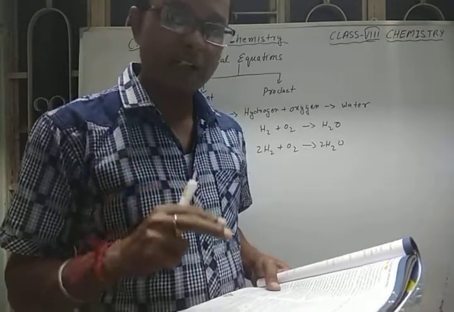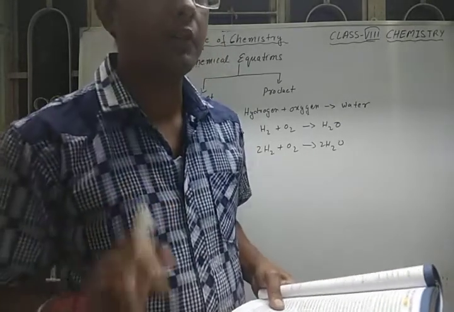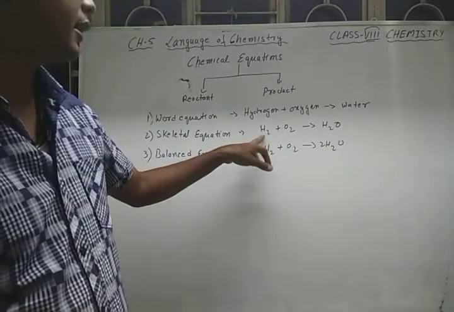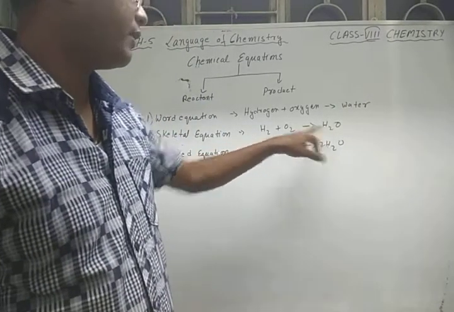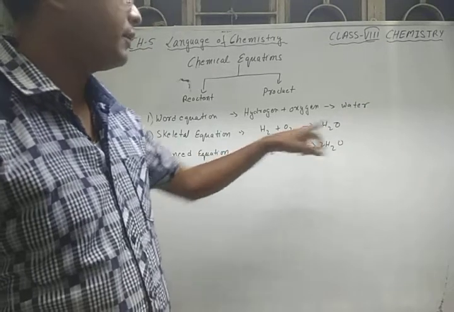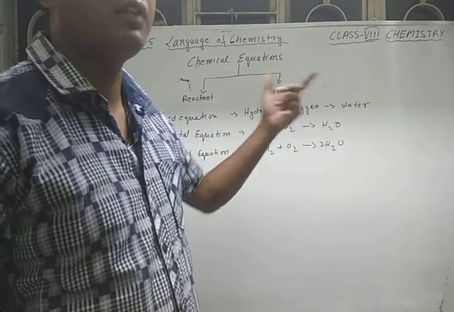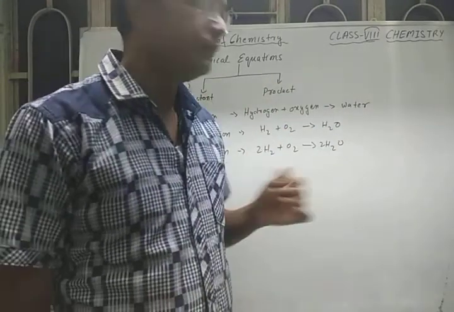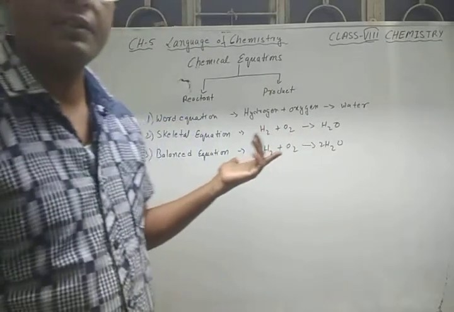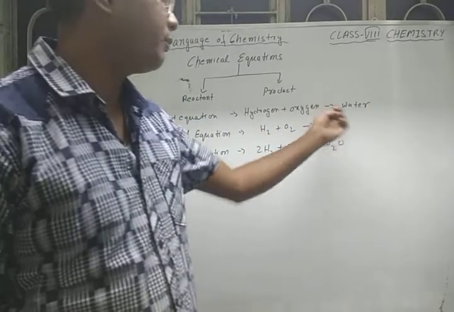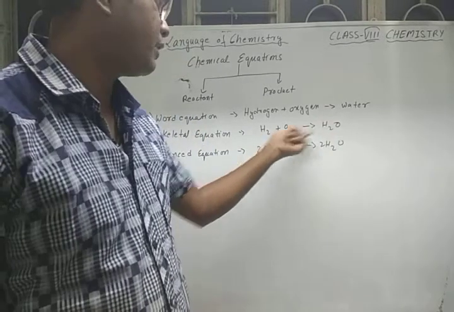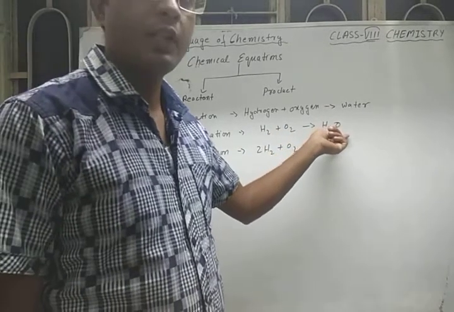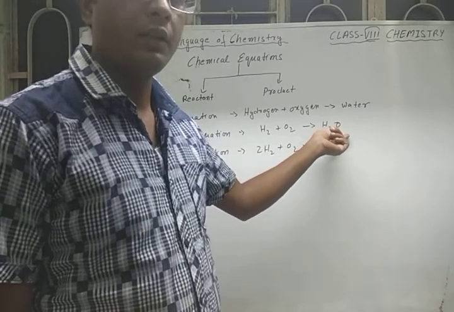So this is by applying atomic theory. Before reaction and after reaction, the number of atoms cannot change. You can see here, hydrogen is 2 atoms, here also hydrogen is 2 atoms. Oxygen is having 2 atoms, but here oxygen is only 1 atom. Where did one more atom go? Atoms cannot be created nor destroyed. So here also there must be 2 atoms. 2 plus 2, 4 atoms. Here also the total number of atoms should be 4.